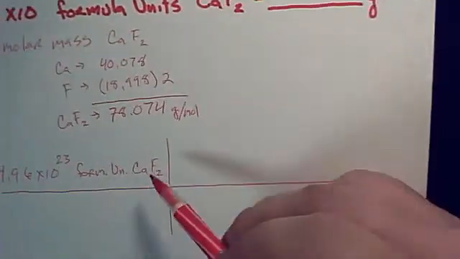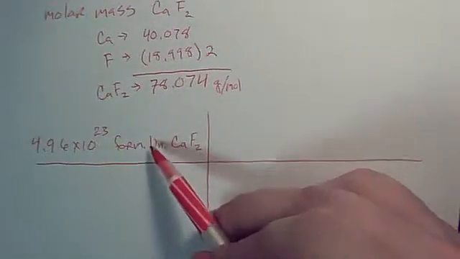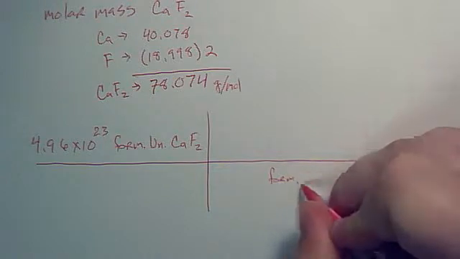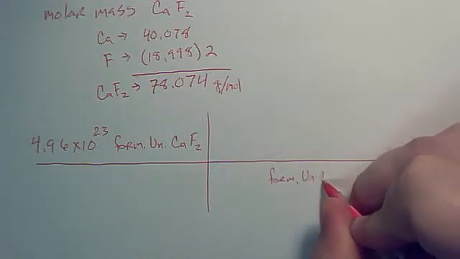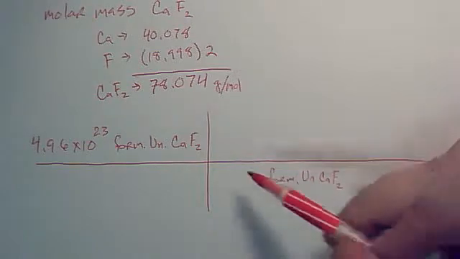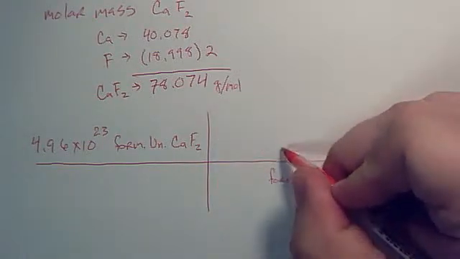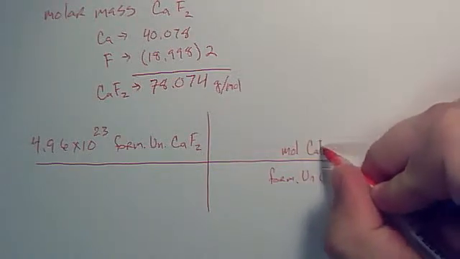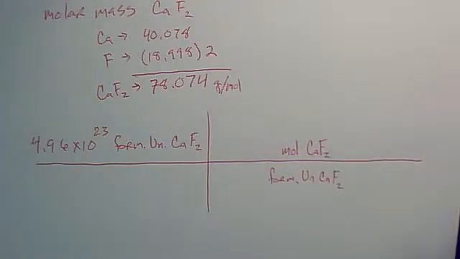And since I have formula units of calcium fluoride on the top, I need to have formula units of calcium fluoride on the bottom so that they will cancel out. And I have to go to moles first, so I'm going to put moles of calcium fluoride on the top.